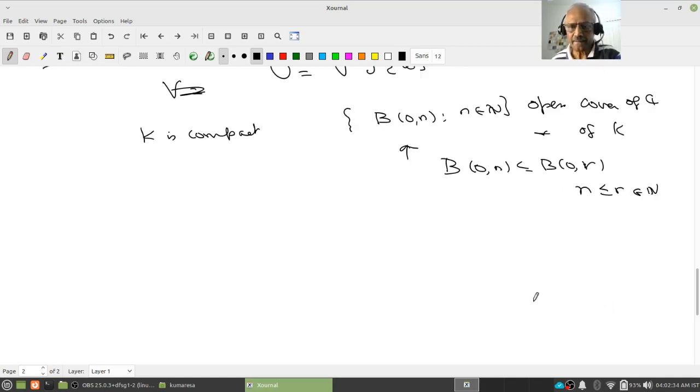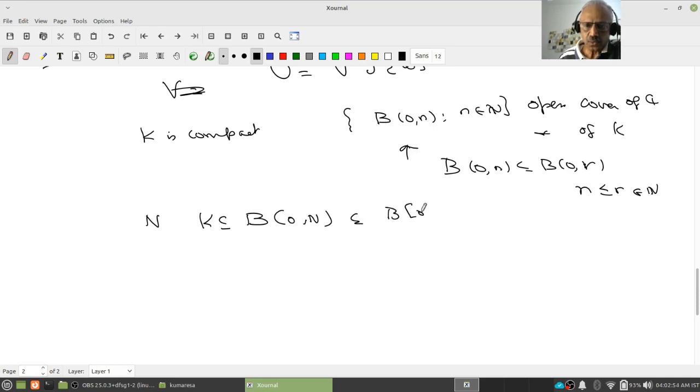Therefore, since K is compact, there is a finite subcover, call it B0n1, B0n2, B0nk, but choose n to be the maximum, then K is contained in B0n. But this in turn is contained in the closed ball B0n.